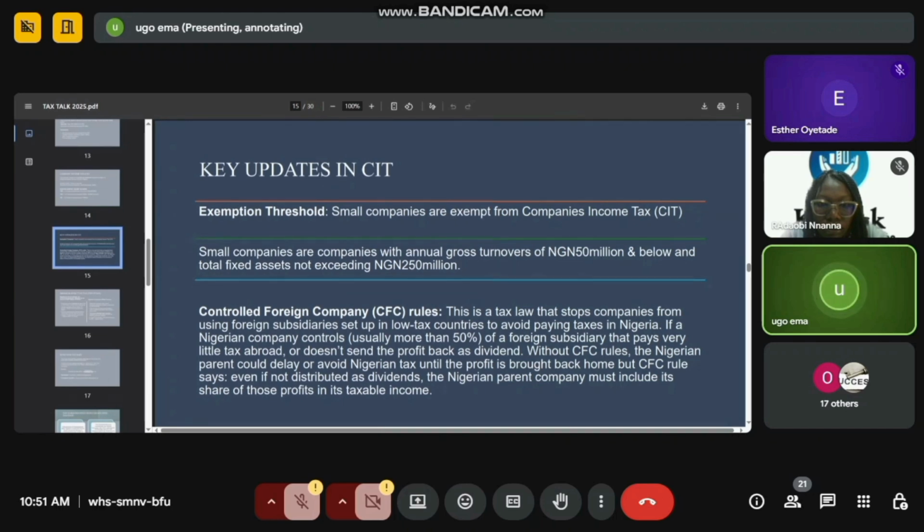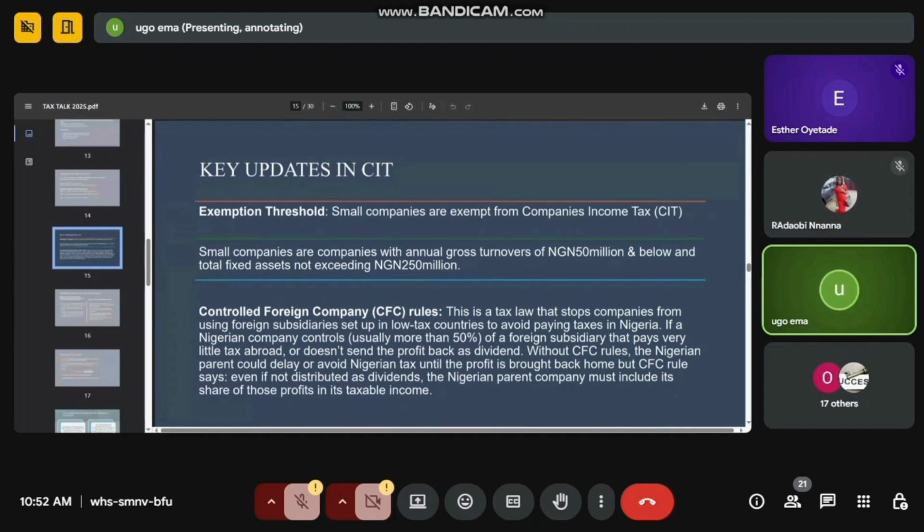So most companies, especially Nigerian companies that usually control more than 50% of a foreign subsidiary that pays little tax abroad, try to hide in such countries because their tax rates are low, and would want to refuse sending back their share of profits here to the Nigerian company, which would normally be subject to company income tax.